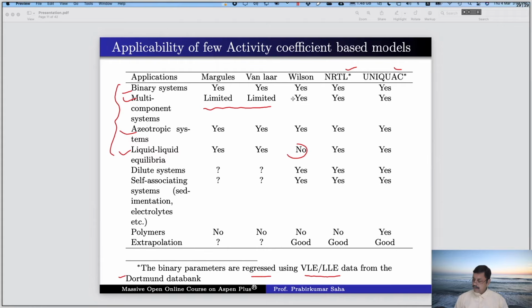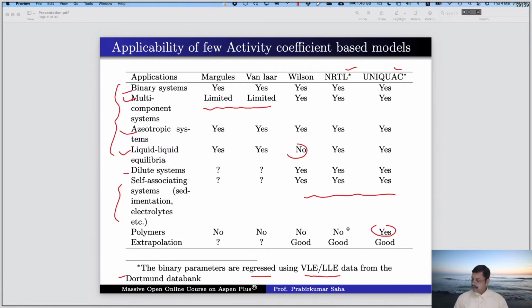But the Margules and Van Laar models do not work for dilute systems and self-associating systems such as electrolytes. But Wilson, NRTL, and UNIFAC work for this kind of system. For polymer systems, only the UNIFAC model works.